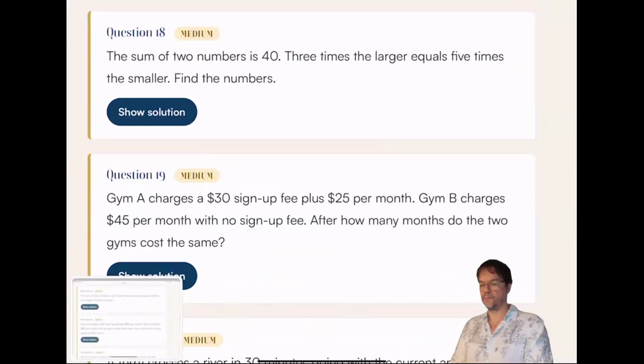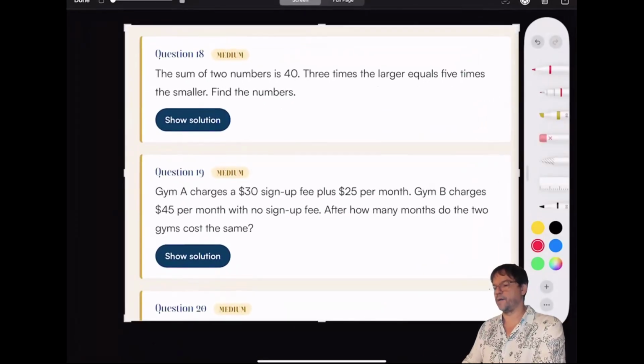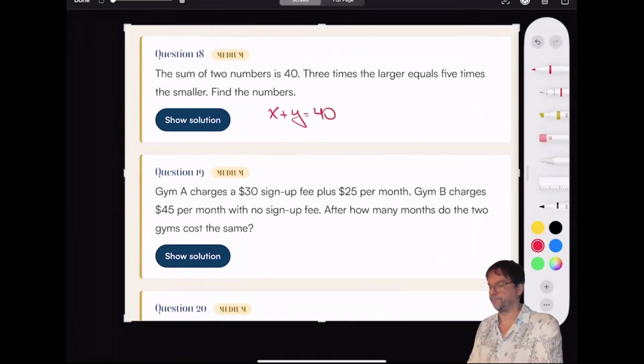Let me see. The sum of two numbers. Do you know if these numbers are equal? We don't know. Oh, well, it says. Do you know or not? No. So x plus y is equal to 40.